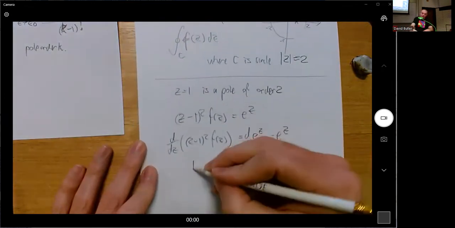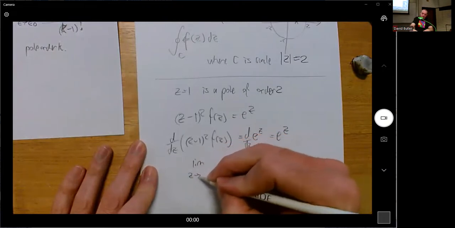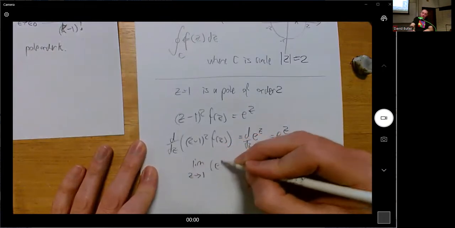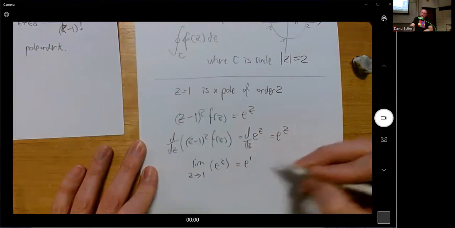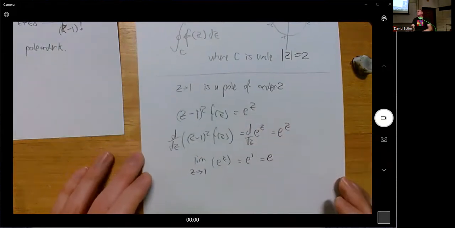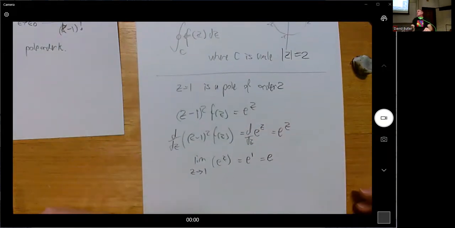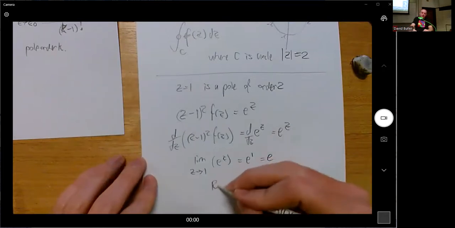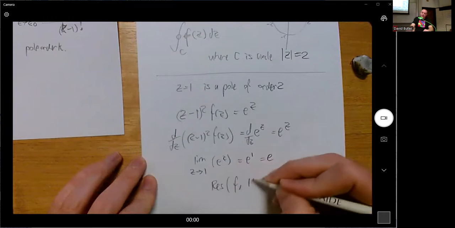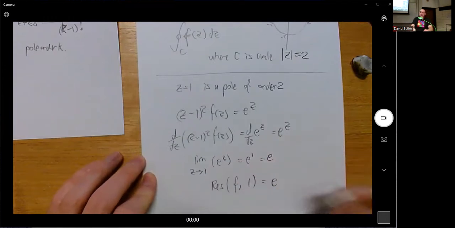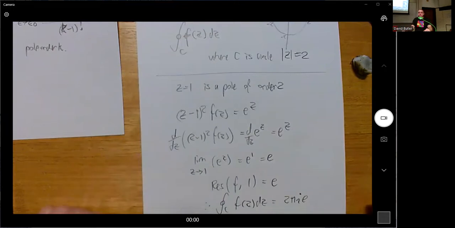And so the limit as z goes to 1 of that answer is e to the power of 1, which is the number e. And so therefore that is the residue. Residue of f at the point 1 is the number e. And so therefore the integral around C of f of z dz is 2 pi i times e. Yay.